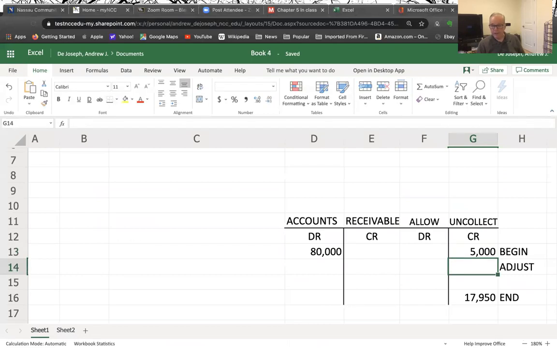So that means my adjustment has to be for a number that takes me from 5,000 credit to 17,950 credit. So what number do I need to add to 5,000 to come up to 17,950? Is that 12,950? Right? 12,950 plus 5,000 is 17,950, right? That should be the number.